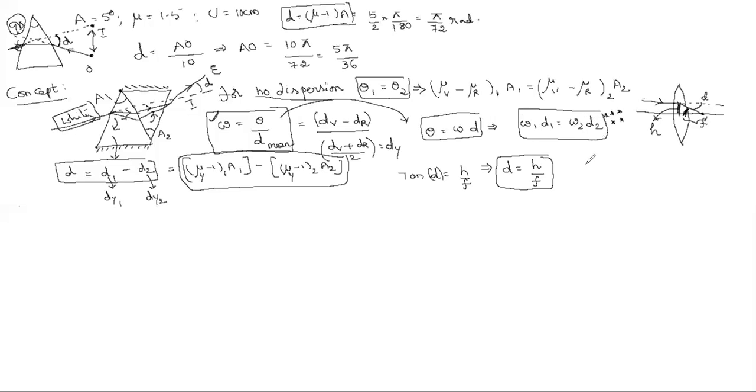For no dispersion, he is taking one convex lens of focal length f1 and one concave lens of focal length f2. Both are kept in contact.